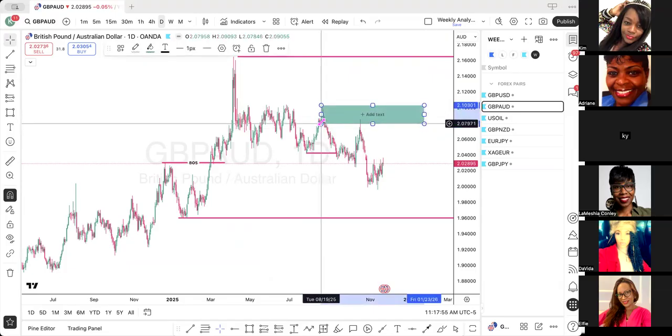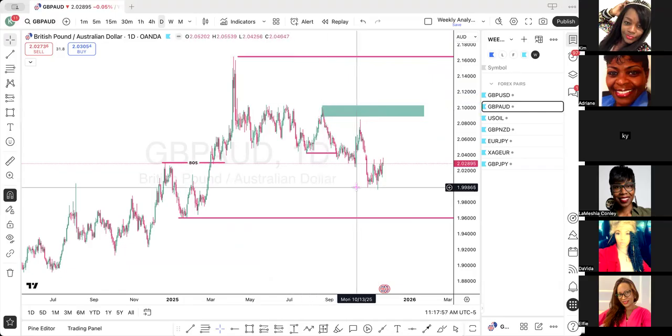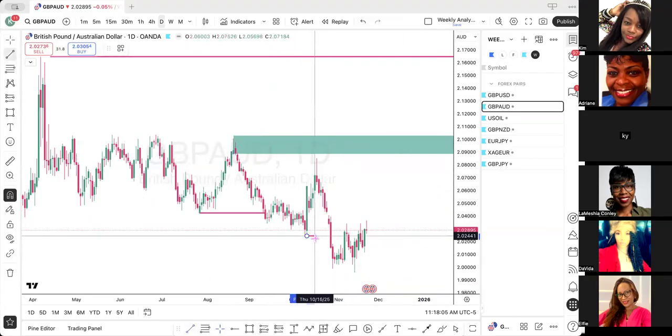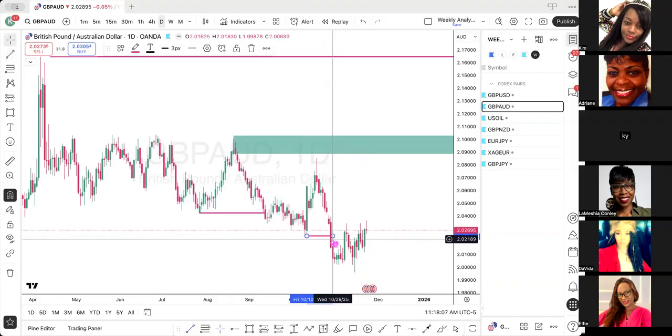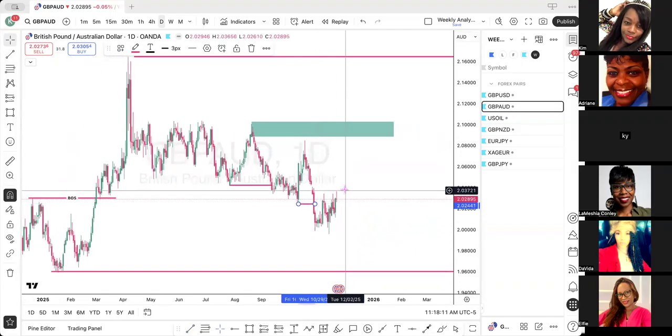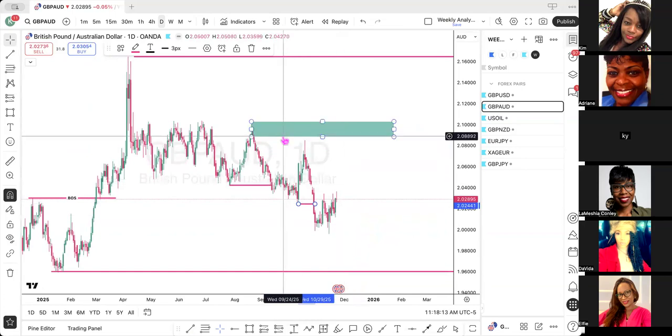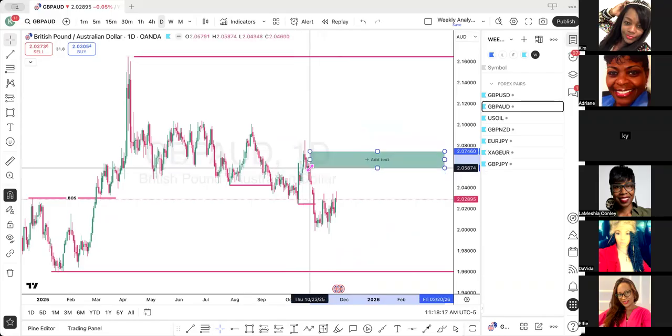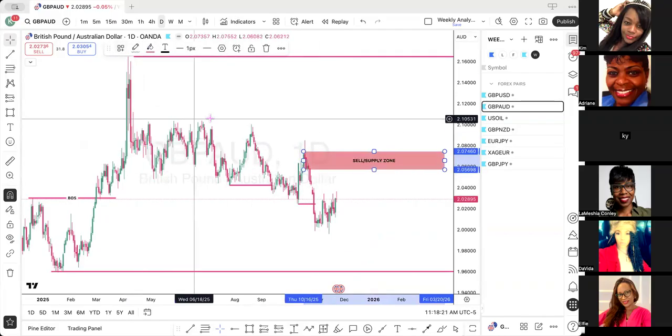If you trade imbalances, then you got in on an imbalance. And then price broke structure here. So at some point, price should be pulling back to a supply zone.